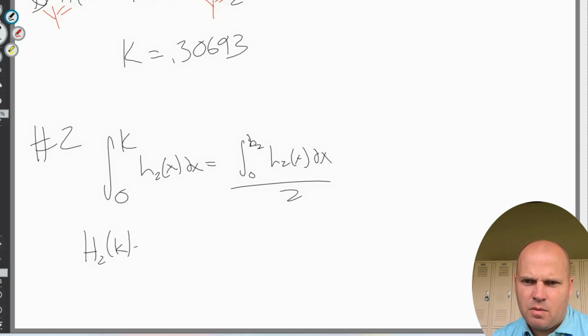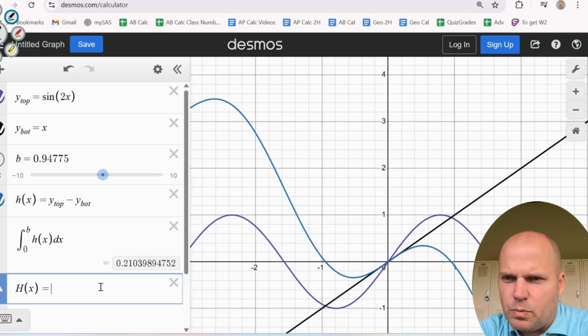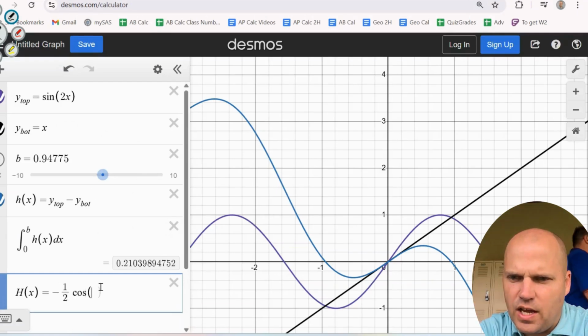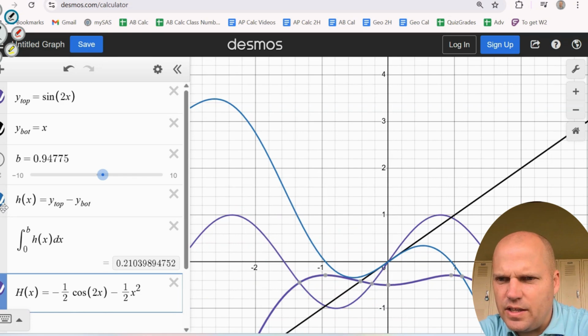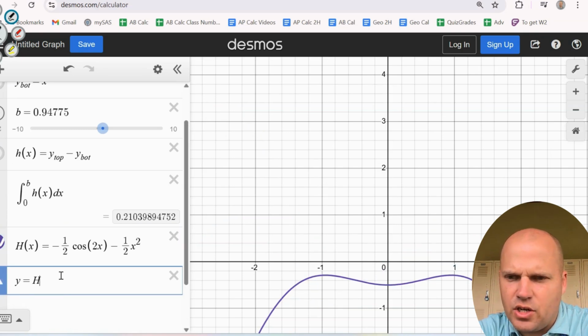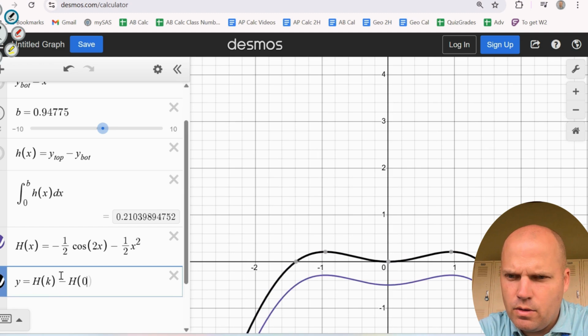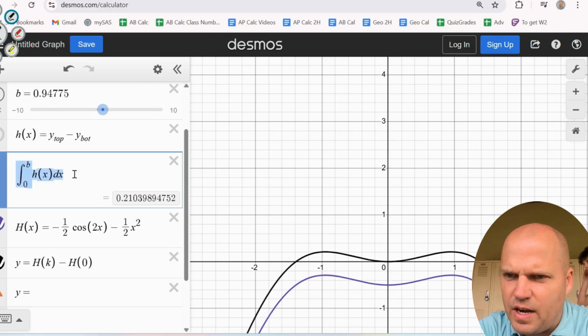Super h of k minus super h of 0 has to equal that. So super h is negative 1/2 cosine 2x minus 1/2 x squared. Let's hide this, hide this, hide this. So y equals super h of k minus super h of 0 has to equal y equals this divided by 2.